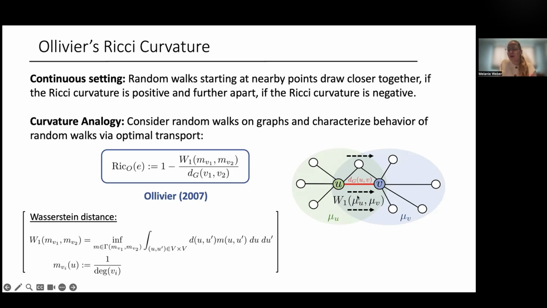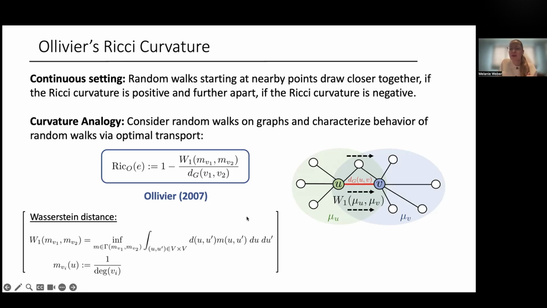And then if there are no joint neighbors or very few joint neighbors, then it's much more likely that the random walks will draw apart and sort of diverge away from the other neighborhood. So this kind of overlap between the neighborhoods of the two nodes, this is really what controls or what should determine whether or not we assign positive or negative curvature to this edge.